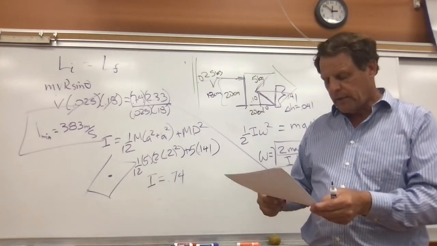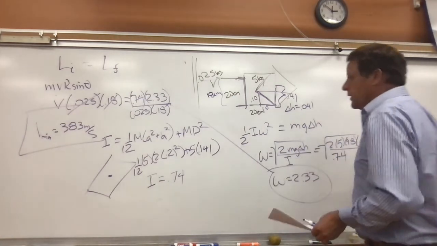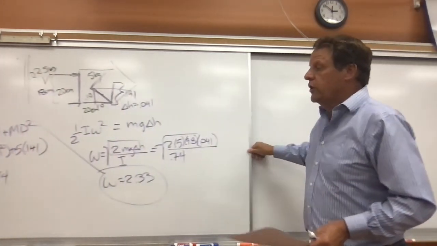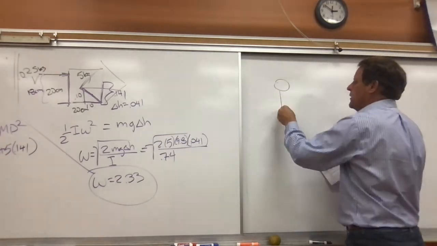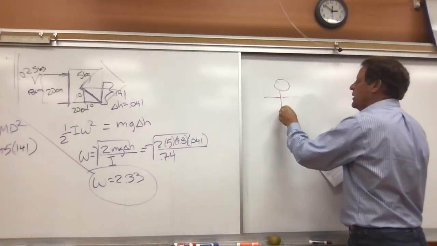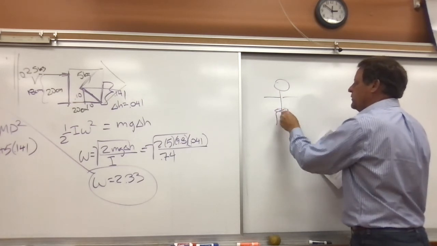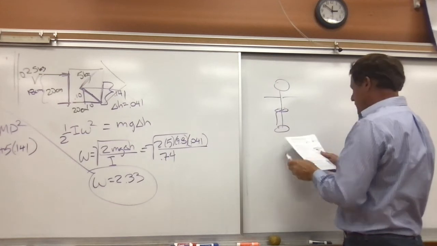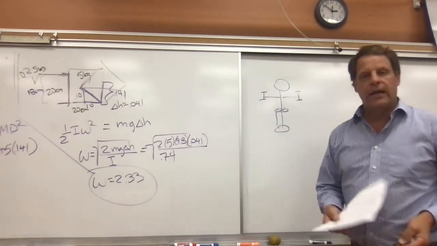Okay. Now, for our last three questions, we essentially are going to have this person, and they're sitting in a chair that is going to be able to rotate, and they have barbells kind of at the edge there.